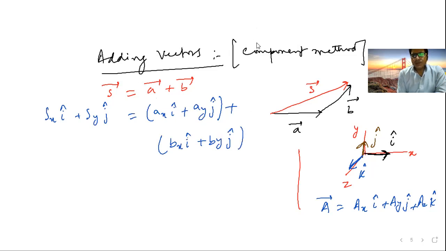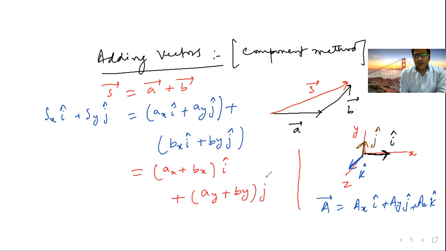And then what we do next, I arrange it. I write this way: ax plus bx, I cap. These two terms have I cap attached, so I take that outside the bracket, and I can write it, ay plus by, j cap, right?